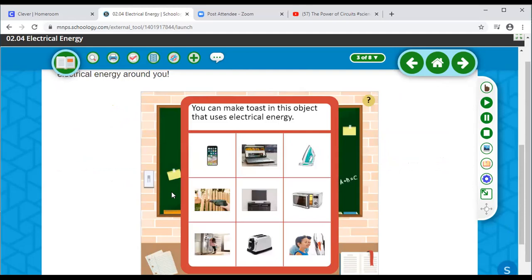So we got a cell phone, laptop, iron, that looks like a power drill, a TV, microwave, refrigerator, toaster, and then that looks like they're looking, oh, it's a fan. So I'll give you some think time. And if you would choose fan, you are correct. Let's see what happens next.